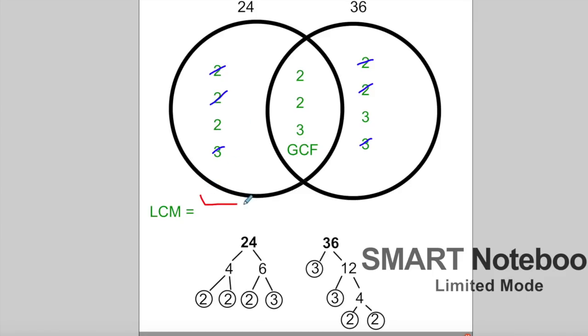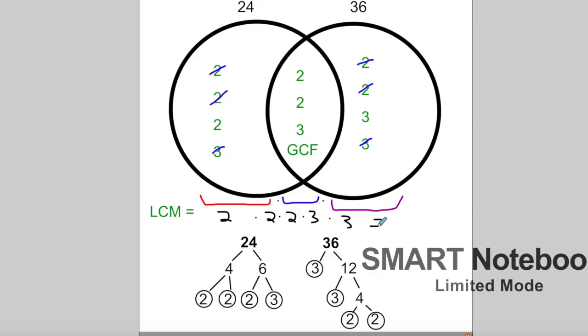So using this information to decipher our LCM, we know that we can find the product of this area times this area multiplied by our circle on our right. So what that would look like would be 2 times 2 times 2 times 3, which is our blue area, times 3.